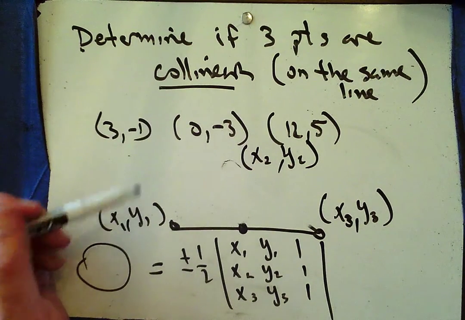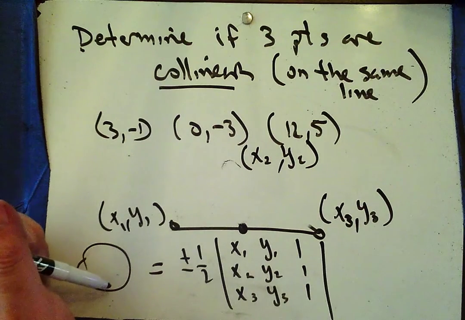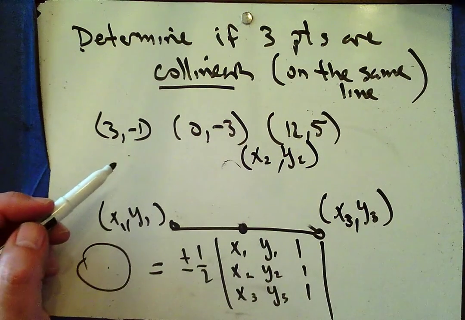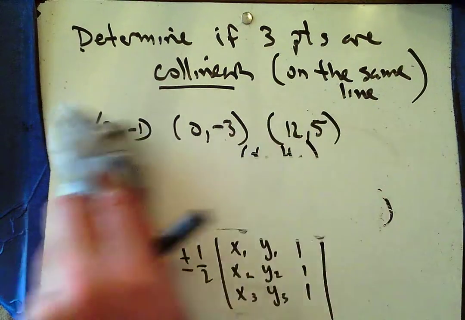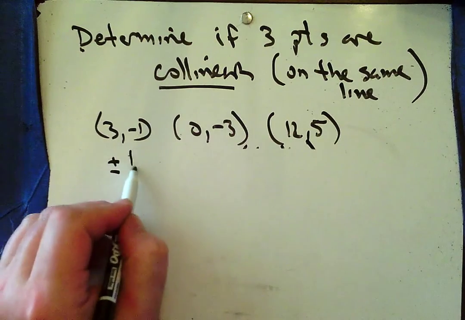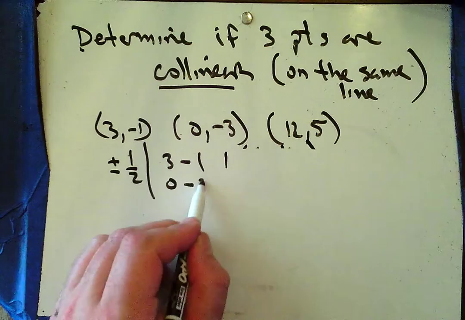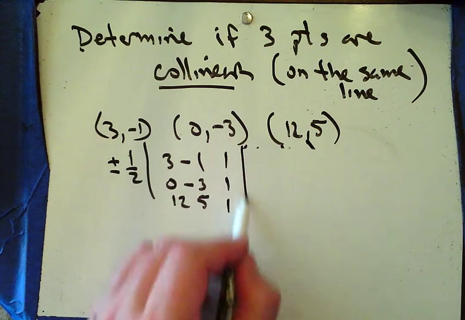And when the area of the triangle is 0, which means that the determinant is 0, because 0 times 1/2 will be 0, that's when I know that the 3 points are collinear. So let's do that. We've got plus and minus 1/2 times the determinant of 3, -1, 1, 0, -3, 1, 12, 5, 1.